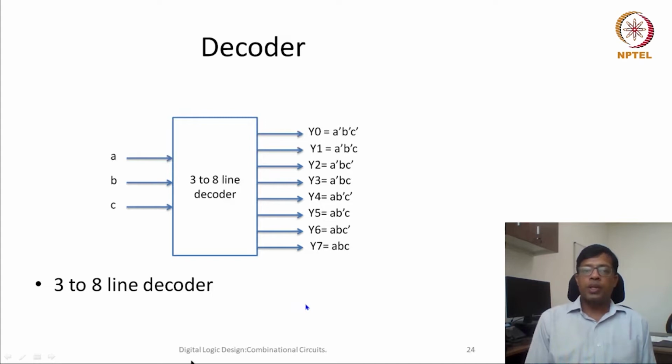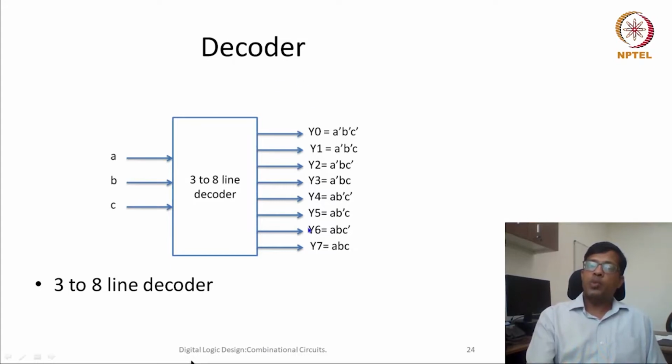Let's say the input a, b, c is 0, 0, 0, then y0 would be 1. If the input is 0, 0, 1, then y1 would be 1. So this decoder will have only one output as 1, all others as 0, and it depends on the input pattern.